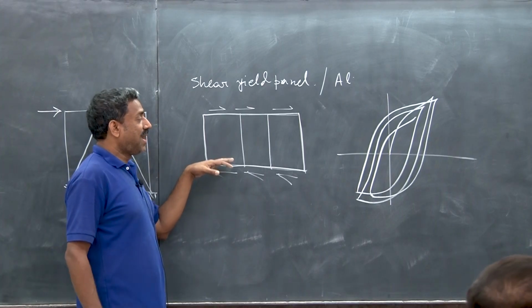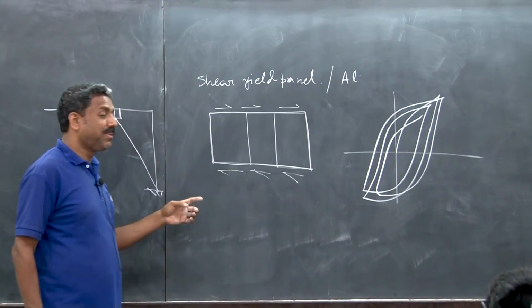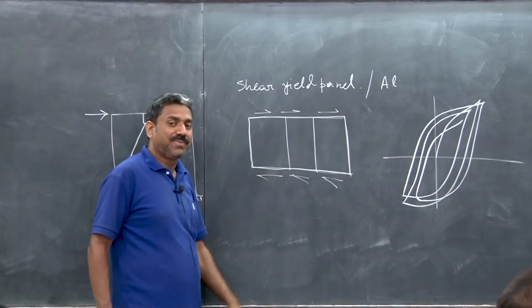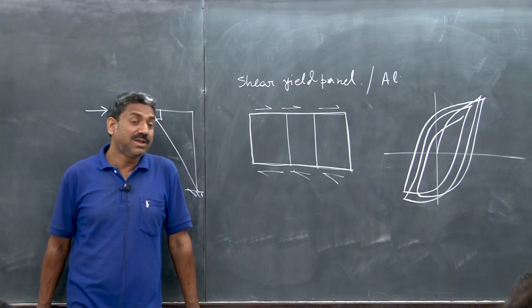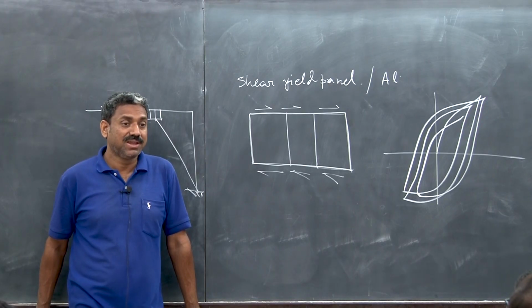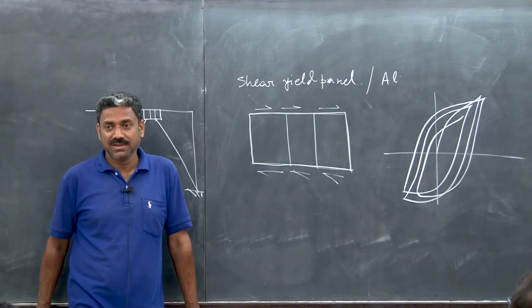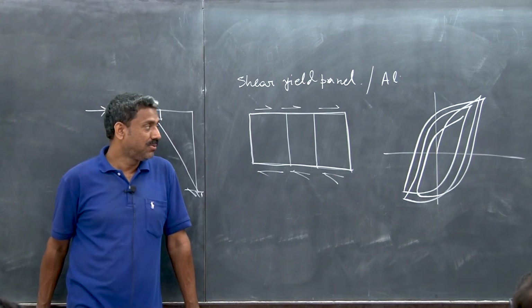Now, the interesting thing is that you have to prevent buckling. You are all doing the experimental methods course, right? Did you do that experiment, inelastic buckling of brace? You have not done it, it will come.